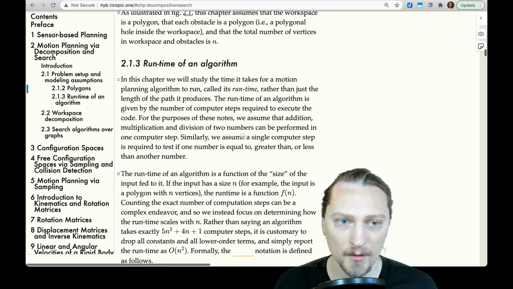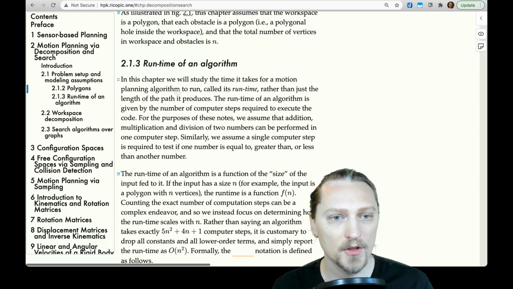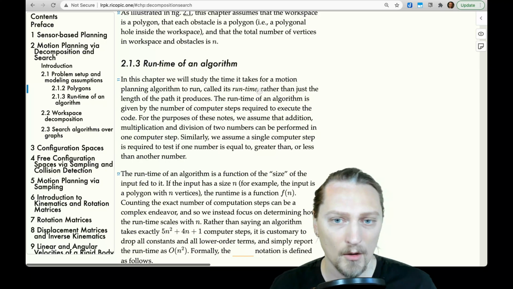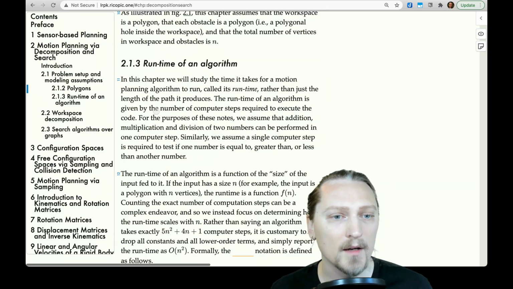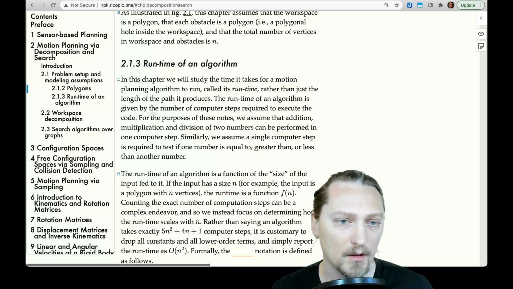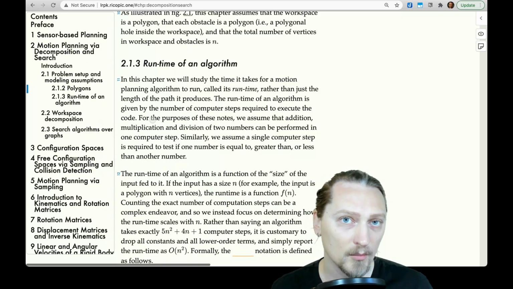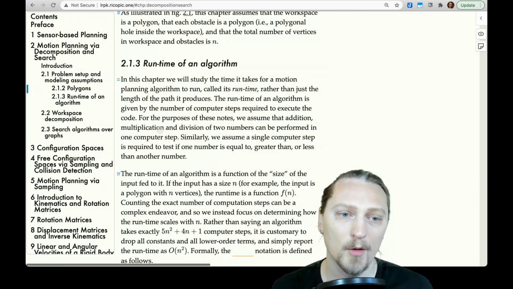Runtime of an algorithm. In this chapter, we will study the time it takes for a motion planning algorithm to run, called its runtime, rather than just the length of the path it produces. The runtime of an algorithm is given by the number of computer steps required to execute the code. For the purposes of these notes, we assume that addition, multiplication, and division of two numbers can be performed in one computer step.